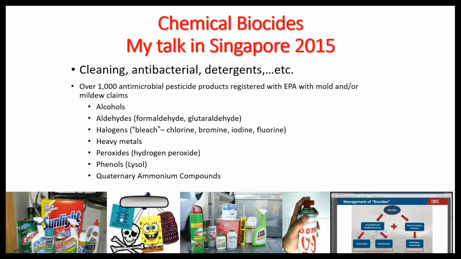I had a talk about biocides some years ago in Singapore. Biocides are a type of compound we call emerging water pollutants. These materials are really important as pollutants because we use them every day.